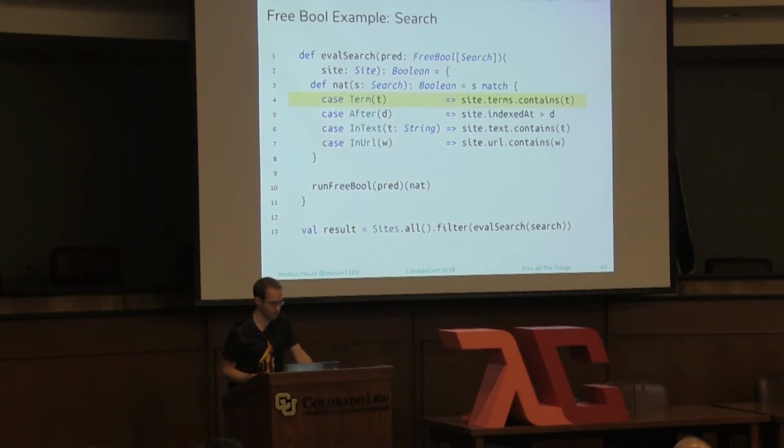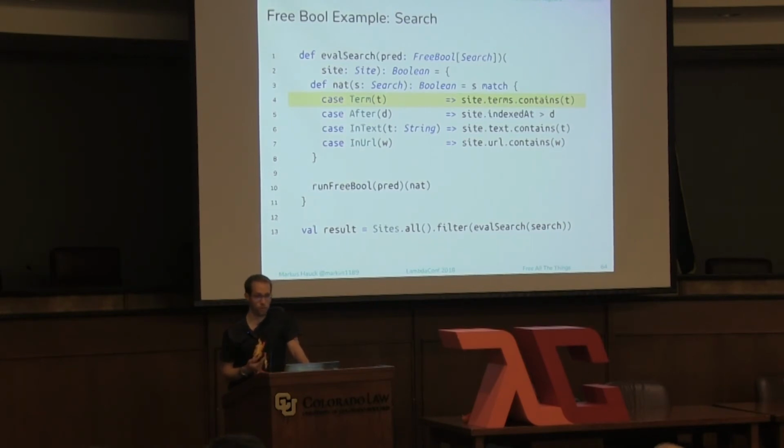Okay, so we need to evaluate our search predicates. So we need our interpreter. And we get in a predicate of type free bool over search. So search is our language. And the site we want to check against, and we return a Boolean. And then we just pattern match on all of our different language instructions.